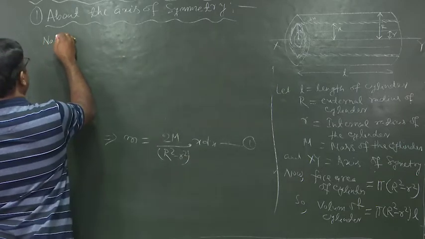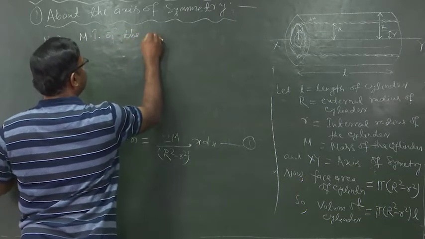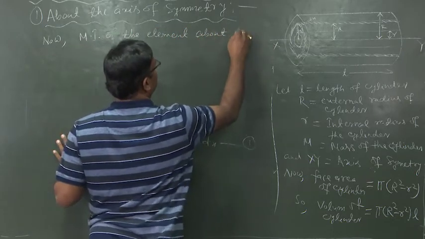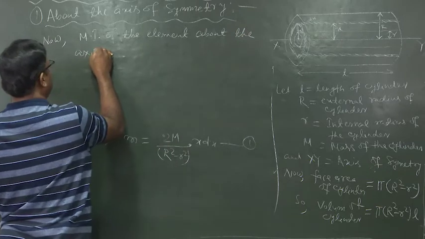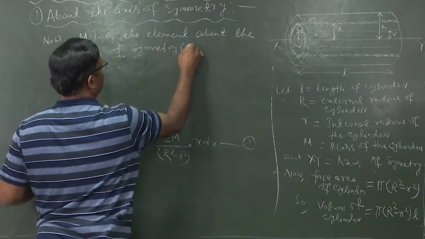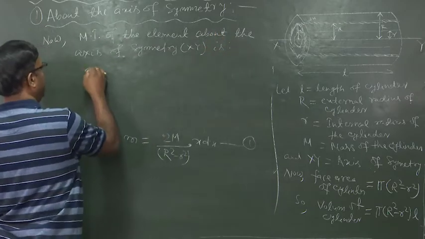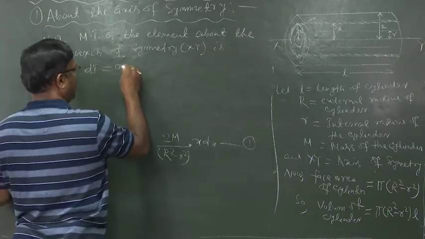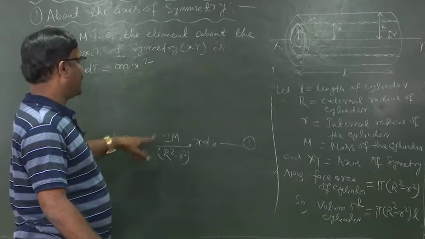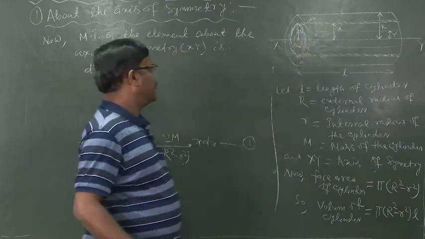Now, the moment of inertia of the element about the axis of symmetry xy is dI, which is equal to m x square, because this small m represents the mass of the element and x represents the distance of the element from the axis of symmetry.